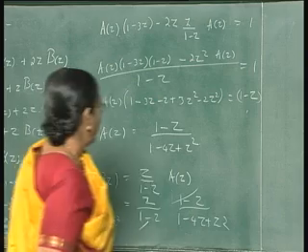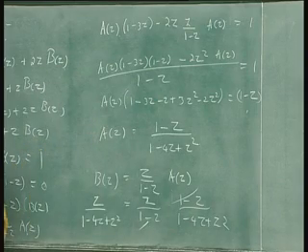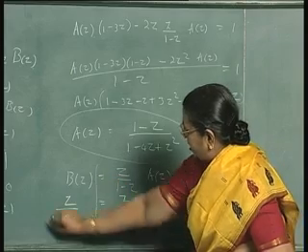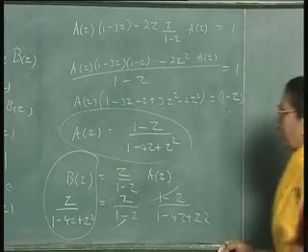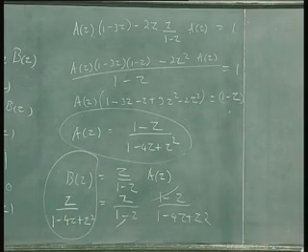So, the expression for A(z) is this and the expression for B(z) is this. Having obtained this, can you get the value of a_r and b_r?